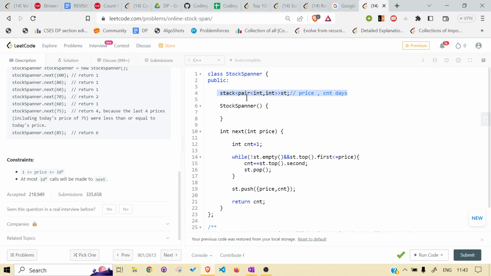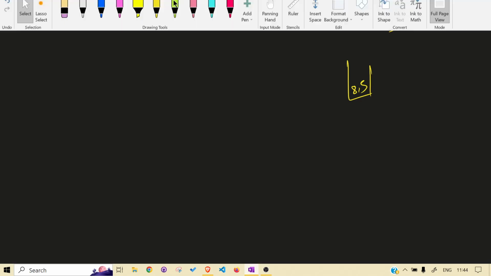If current is greater, to what extent it is greater, we just keep on storing it. This is the span. You can say span or count, whatever you like, and after that we just push it. And we have to return every time we calculate the span. So this much is clear. Let's see the dry run.